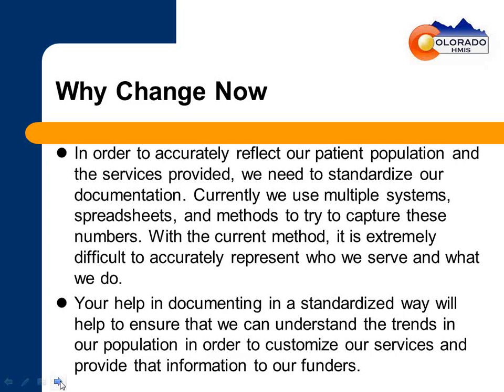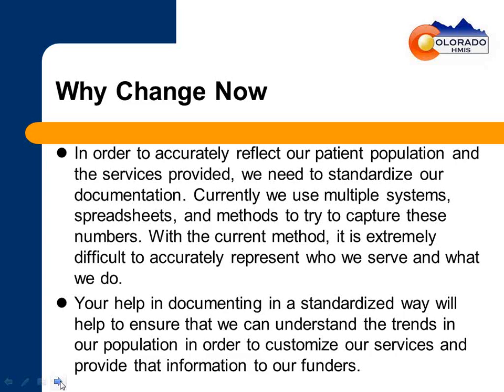So currently we're using many, many different systems. We've got our ELF system, we've got our HMIS system, we've got our accounting software, and we've got some spreadsheets that we use, and we've got handwritten documentation with clients' names and dates of encounters listed on them.